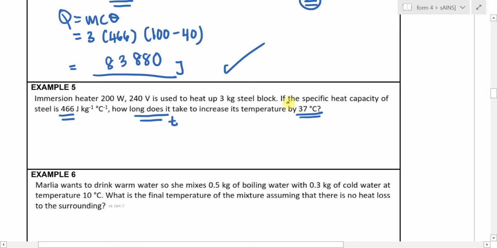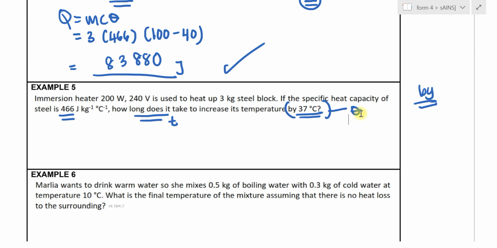Okay, by, kalau dia cakap by 37 degrees Celsius, ingat kalau dia cakap by, itu straight away theta. Straight away theta, no need to think so much. Maksudnya dia sudah final minus initial dapat 37. Okay, so kalau dia ada guna perkataan by, straight away theta. Okay, dia yang ni kita guna formula PT equal to MC theta.